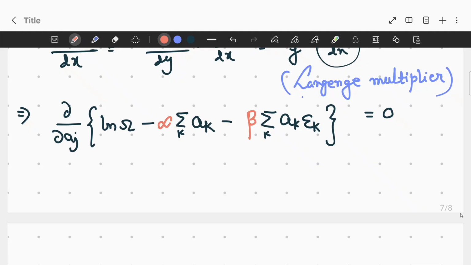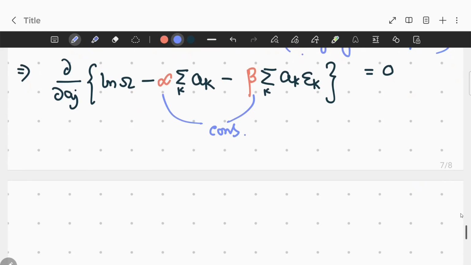This method is called the Lagrange multiplier method or undetermined multiplier method, and these constants, alpha and beta, are called Lagrange multipliers. If there are three constraints, then we have to subtract three. So these alpha and beta are the two constants.